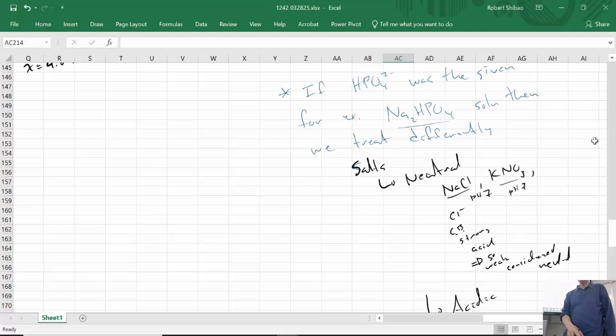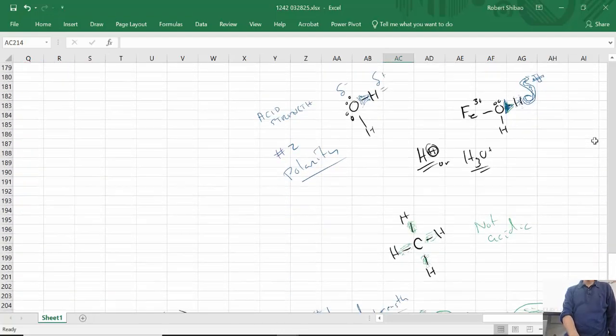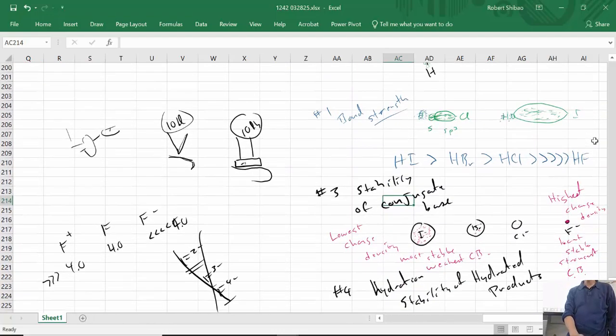And versus polarity. Polarity gives us something that doesn't agree. If we look at bond polarity, we'd expect HF to be the strongest acid. Theory should be able to also reproduce these results, but this is just based on observational studies now. And then this one, the stability of the conjugate base, iodide's more stable because it's less concentrated, right?